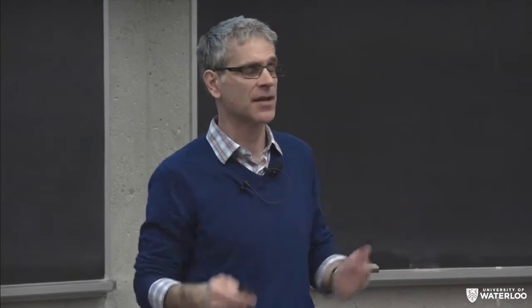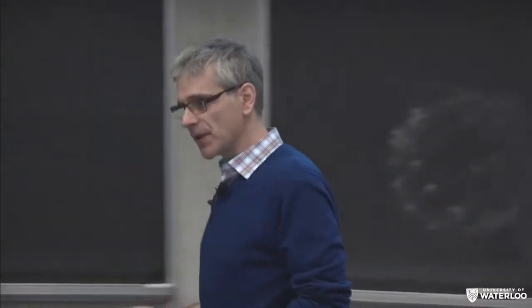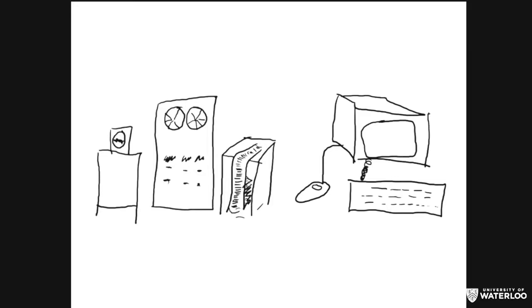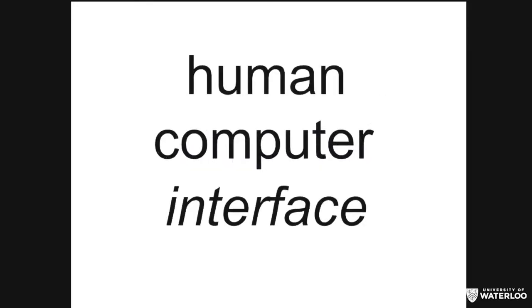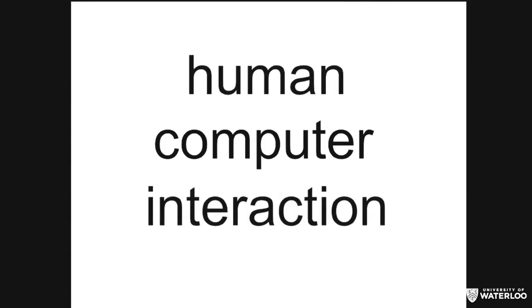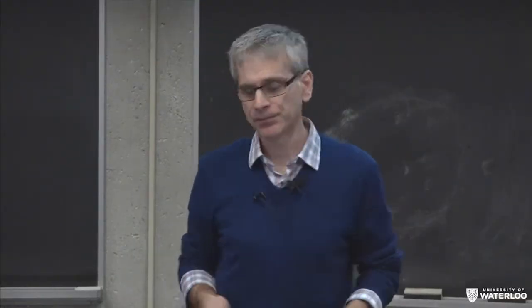They care about what they see. And this is what my research field and what I teach is about: the human-computer interface, an area called human-computer interaction. It's loosely defined as everything that concerns how people interact with the computer, what they see, how they control the computer, this kind of thing.